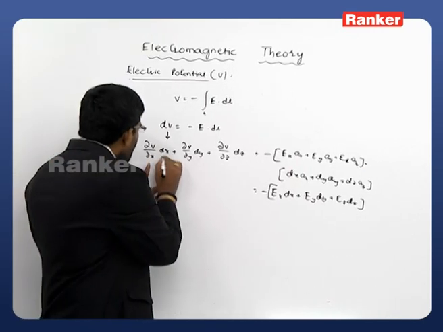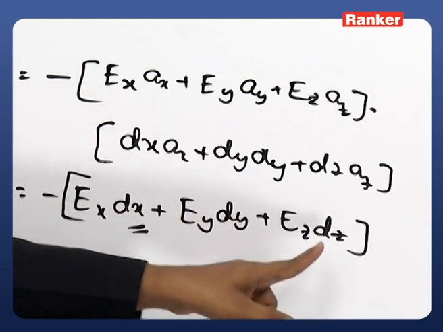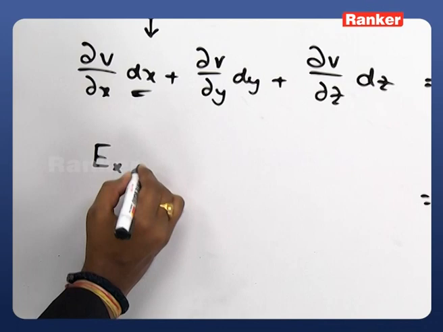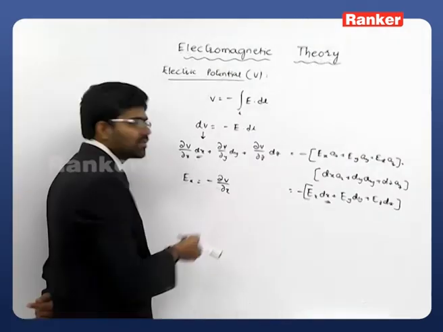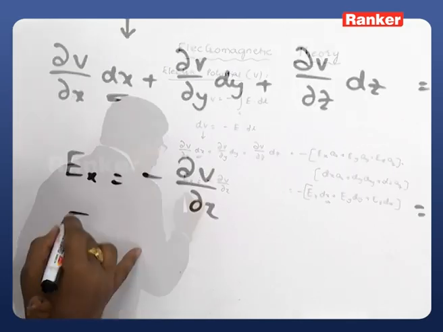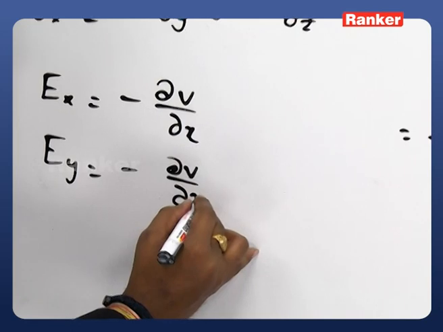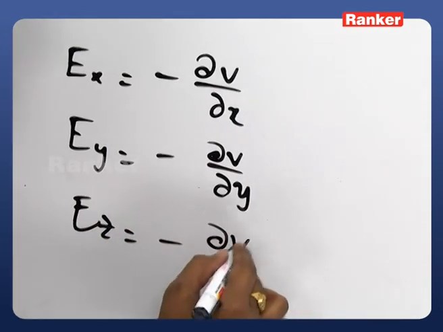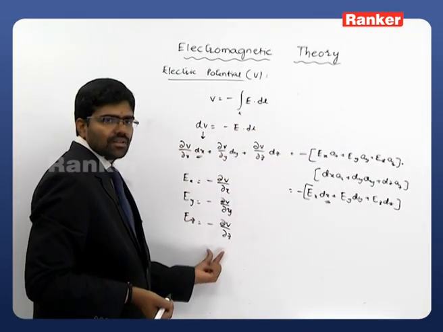Here we have dx, here also we have dx, dy and dy, dz and dz. So if you compare them, what we get is Ex is equal to minus dou V by dou x. Next, in the same way, Ey is equal to minus dou V by dou y. Ez is equal to minus dou V by dou z. So this is the comparison that we took.